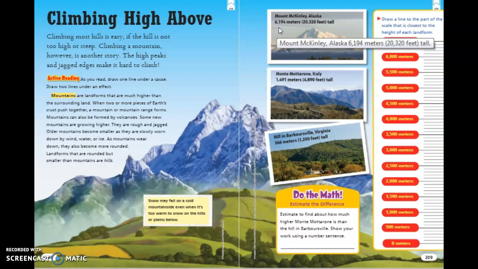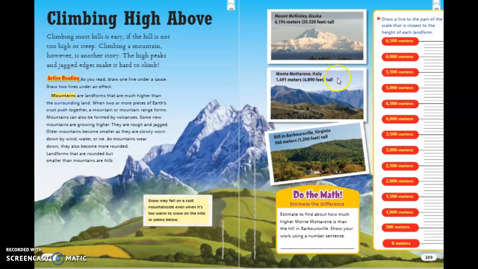If I was going to round or estimate that number, it would round to 6,200 meters. So I would go over to my scale, I would find 6,000, and I would go up two more tick marks to 6,200 meters. I'm going to draw a little line, and then I'm going to write Mount McKinley on the side.